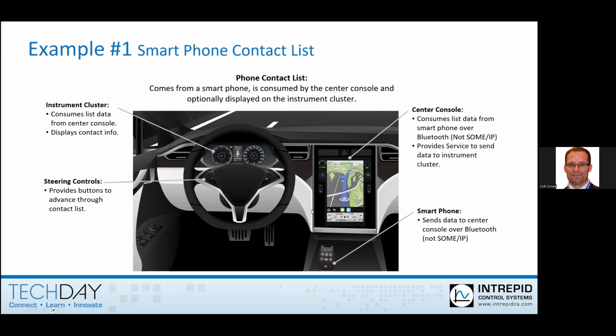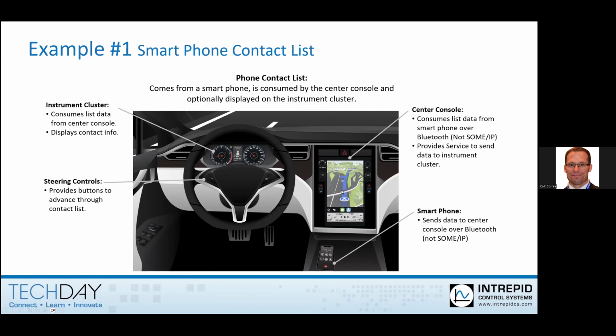But not only that, there are often other controls in the vehicle that are even safer to use, for example, steering controls and an instrument cluster. The instrument cluster, which is directly behind the steering wheel, along with the steering controls, potentially gives us the ability to advance and search through the contact list stored inside of the center console in a safer manner, because you're not looking away from the road as much as you are when you're looking at the center console.